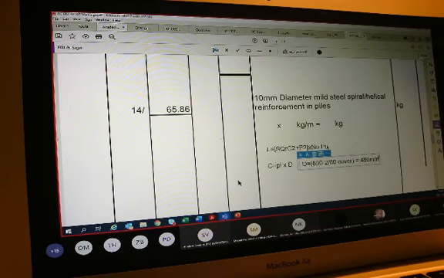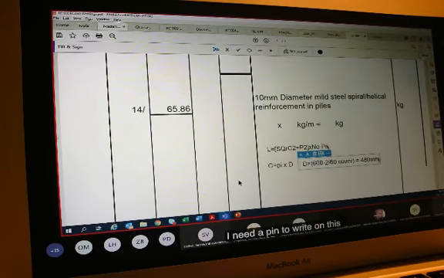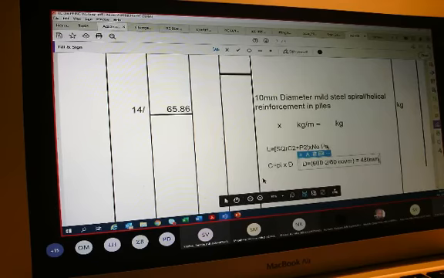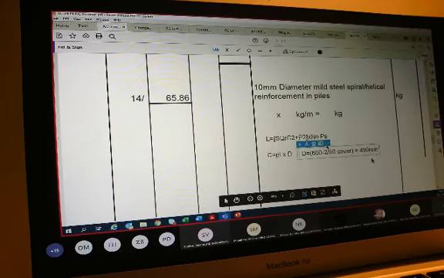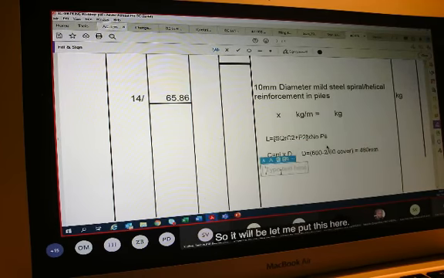So C squared will be pi times my diameter, and the square root of that. Can you see that?